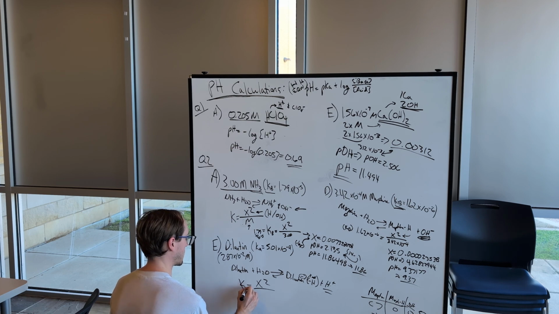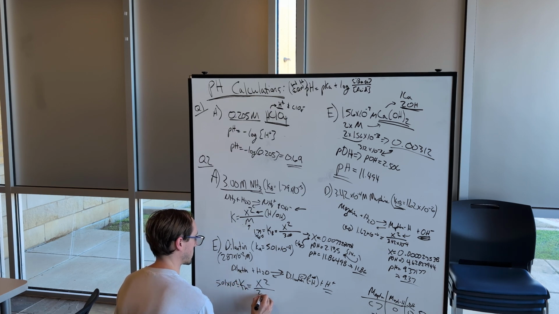So he gives us a Ka for this one, which is 5.01 times 10 to the negative 9. And our concentration is 2.87 times 10 to the negative 2.